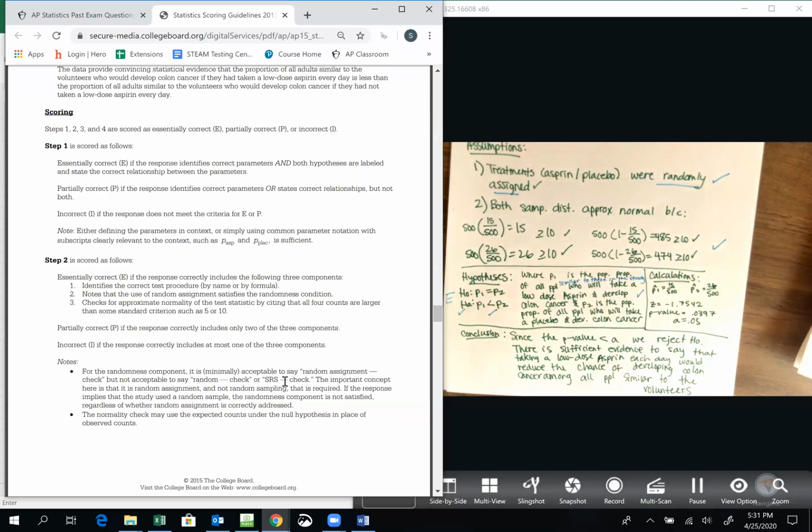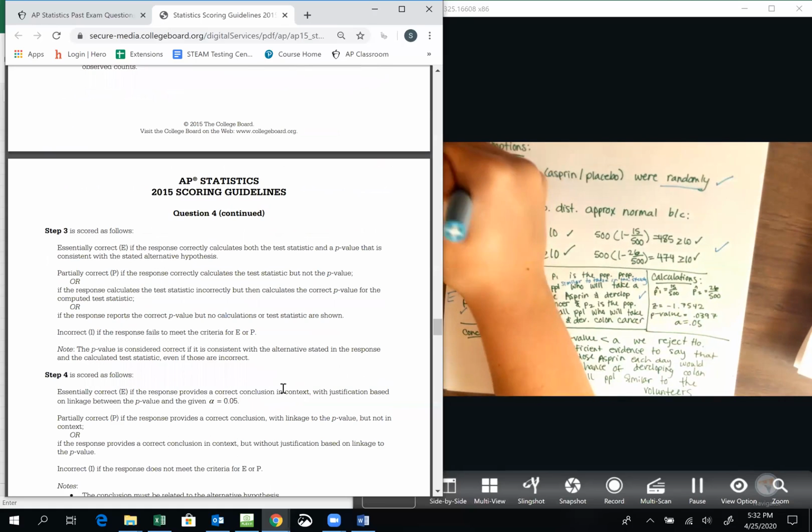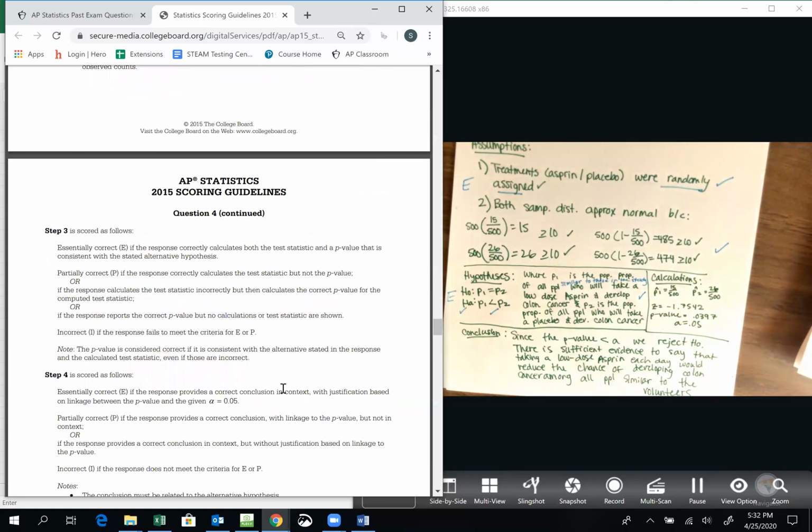If the response implies the study used a random sample, the randomness component is not satisfied, regardless of whether random assignment is correctly addressed. Okay, I don't think you did that other note. So I had all 3 of those, so I got an E. If you were missing one, you got a P.